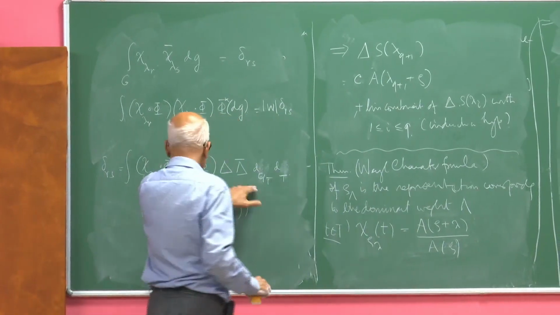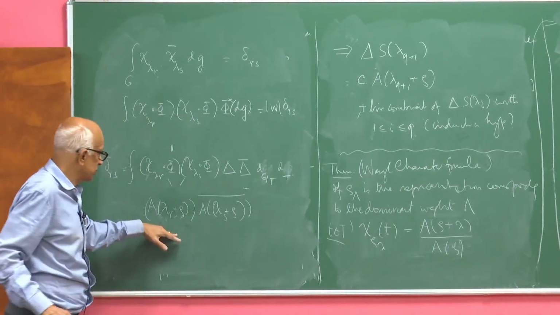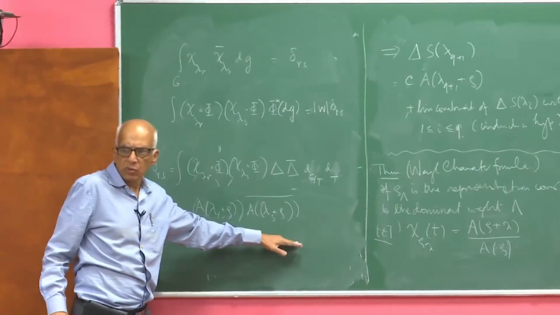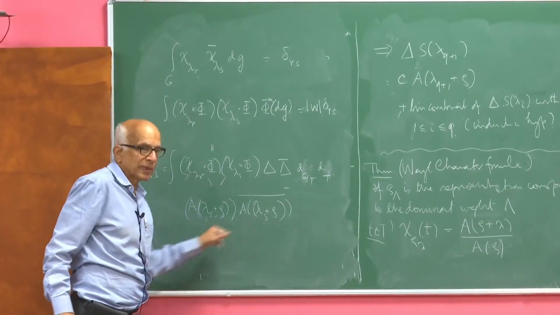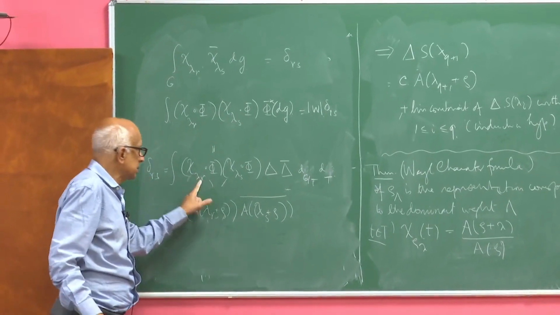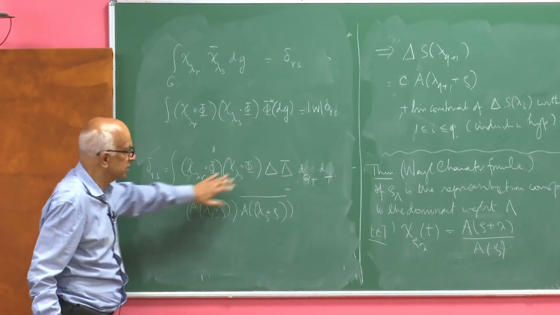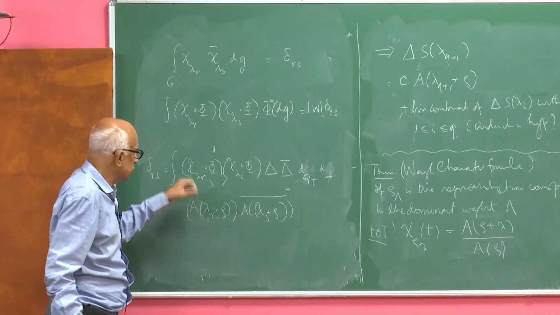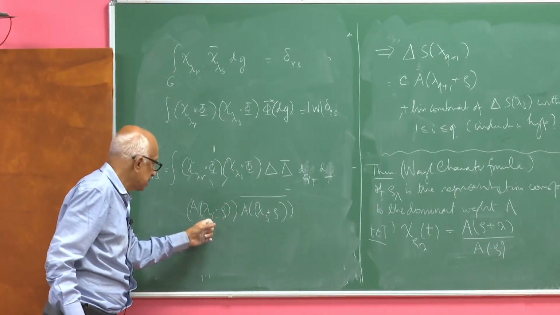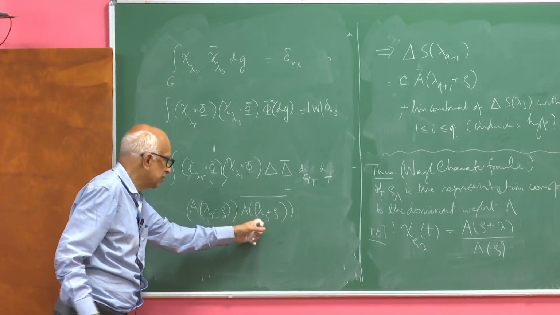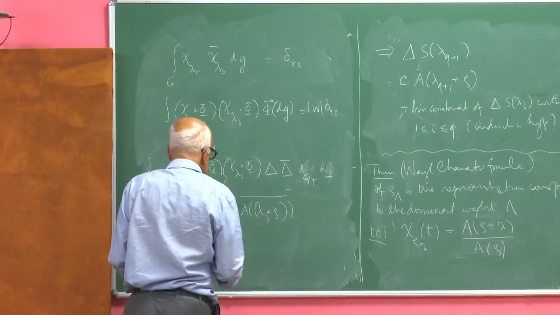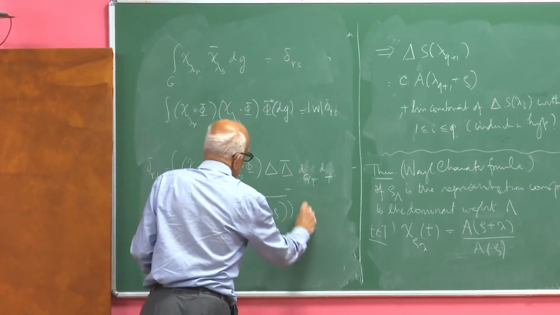So this expression is just A lambda r plus rho into A lambda s plus rho. That's the product which you get. I'm comparing, I have to say that this is equal to this, this is equal to this. I'm comparing the two. So I write this down. I get A lambda r plus rho and A lambda s plus rho. This dt is what I'm going to get.